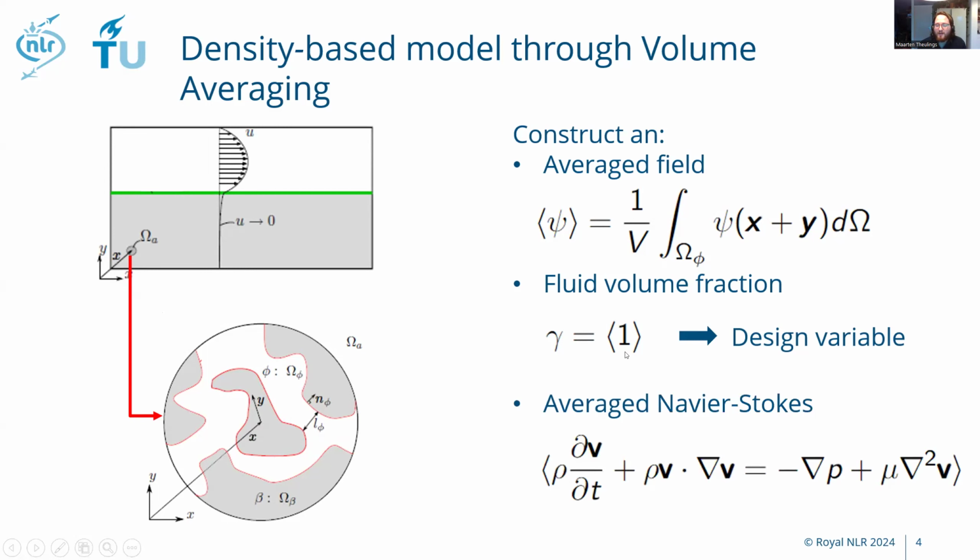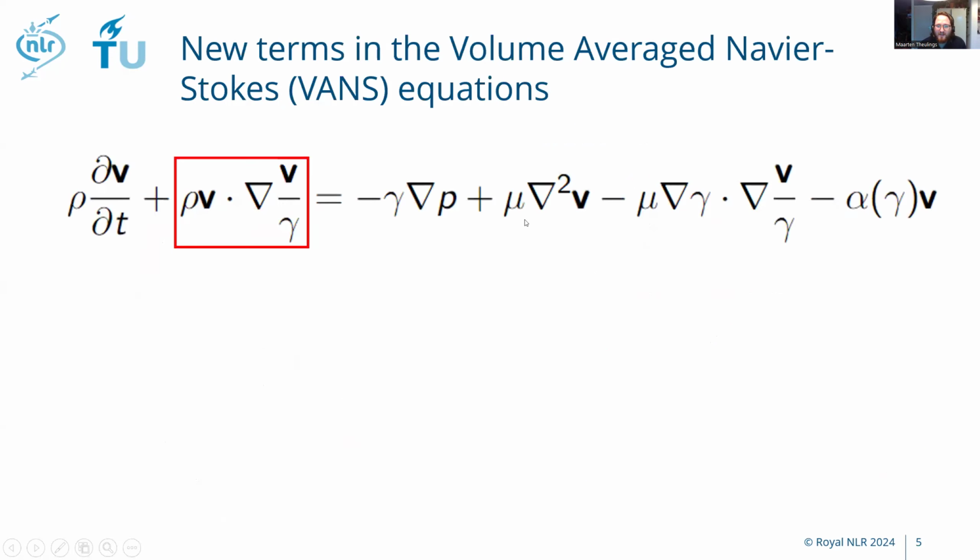Finally, I can put the full Navier-Stokes equations through this averaging filter, and then use some maths that's presented in my paper that I won't go through today to find the volume averaged Navier-Stokes equations, the VANS equations. They have a couple of differences to the equations which we just saw. First of all, here in the top left, we have an addition of this gamma in the inertial term.